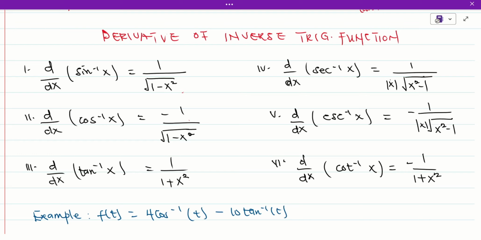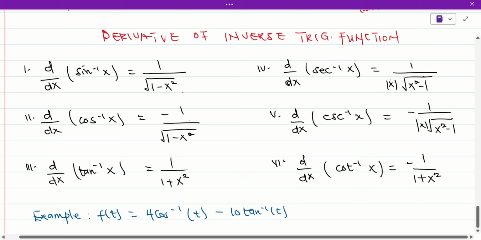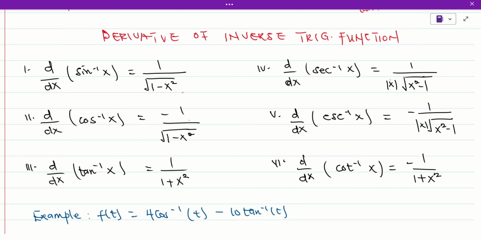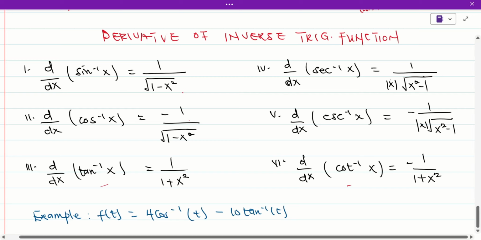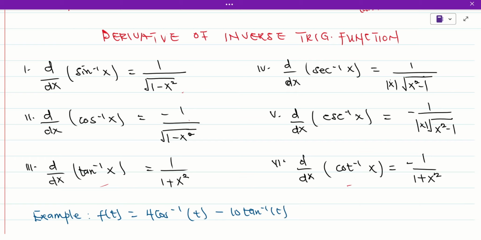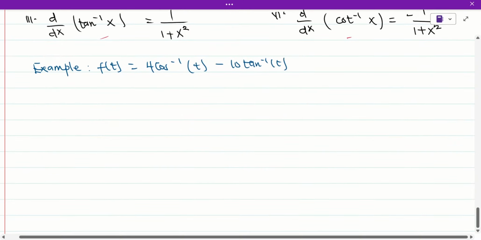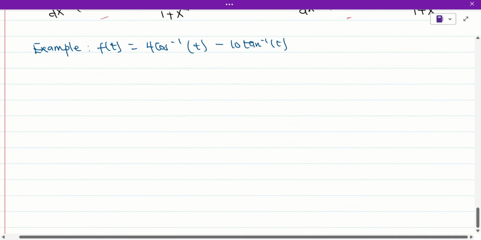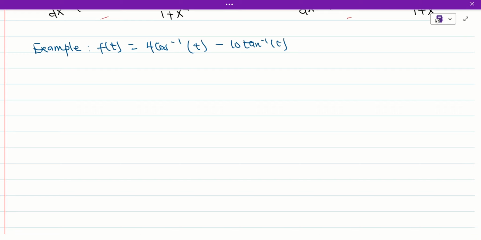The only difference is the negative. And when you differentiate cot inverse of x, you're going to get negative 1 over 1 plus x squared. So the cot inverse of x and the tan inverse of x are also similar, but there's a negative in the cot. Now let's solve the example below.